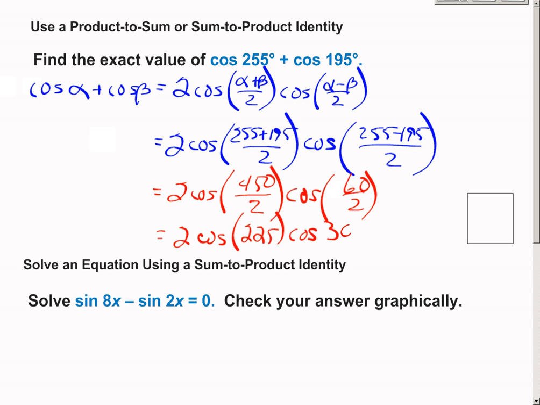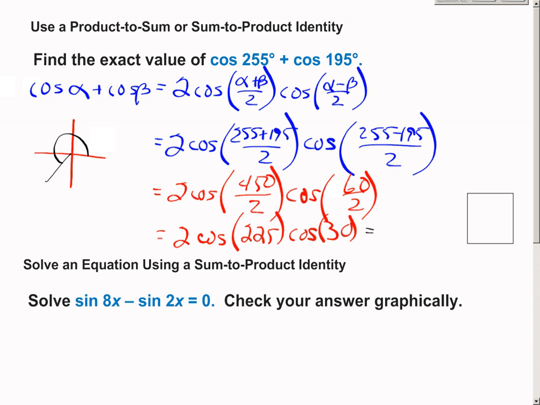So thinking of our unit circle, cosine of 225, let's see, 225 would be here, and cosine is negative in that quadrant, so negative radical 2 over 2.